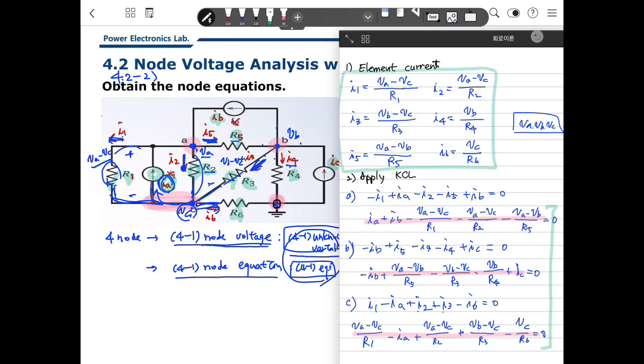This is the way to make the node voltage equations. It's very simple, not difficult, but a very powerful tool. It tells us how to make equations based on the unknown variables in the electric circuit.